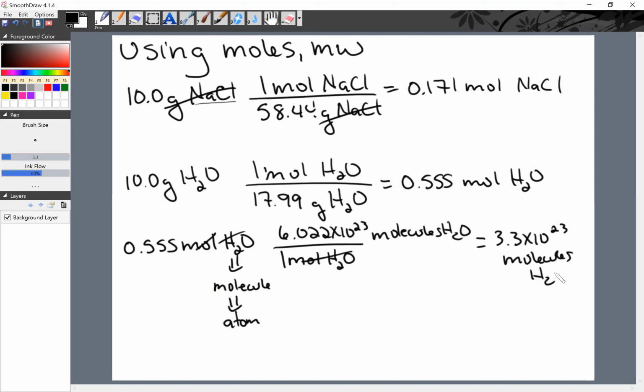of water. But I don't want to stop at molecules. I want to go all the way down to atoms, because what is a molecule made of? It's made of individual atoms. Now, in this case, there's 2 hydrogens for every 1 oxygen. And so I can figure that one out. All right, so we're going to take our molecules.